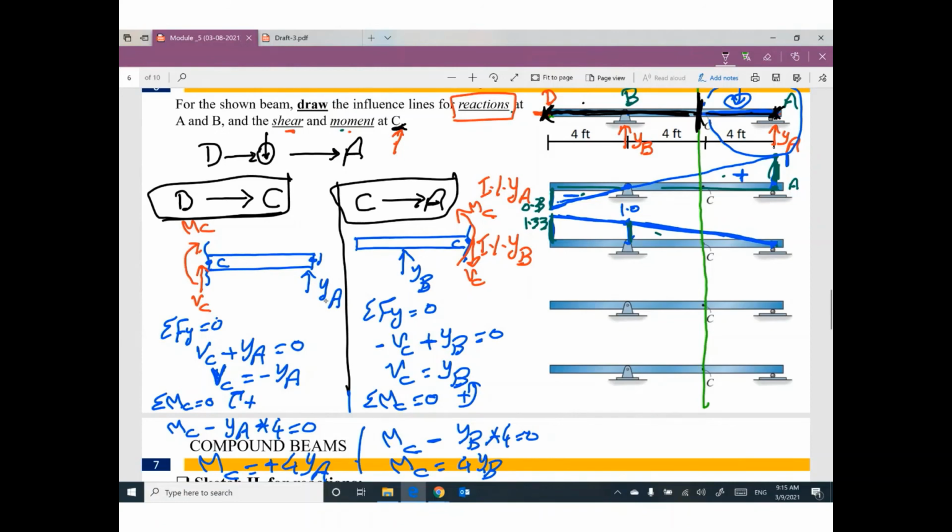If the truck is on the other part, I will use the first part. I set up equations for shear and the moment at C. This relationship will be used to construct the influence line for shear at C and the influence line for moment at C. And I will continue this example next meeting.